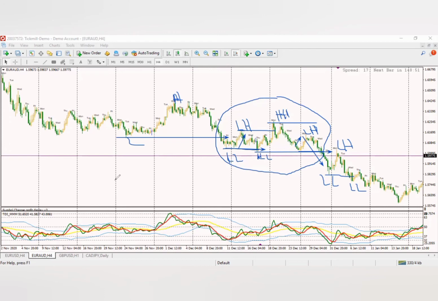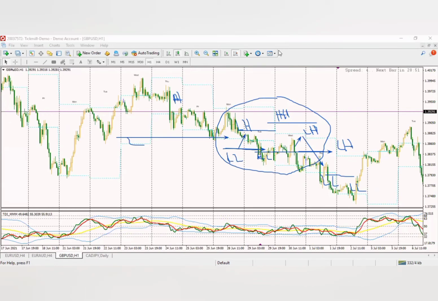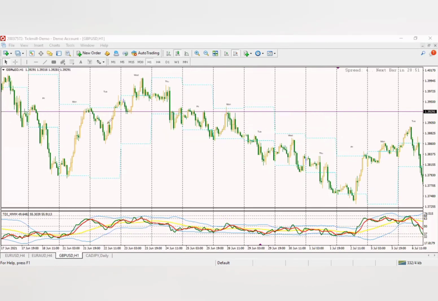So, let me explain another pair again. If you look at this GBP USD, we can say that this is a high, right? And this is a low, a lower low.